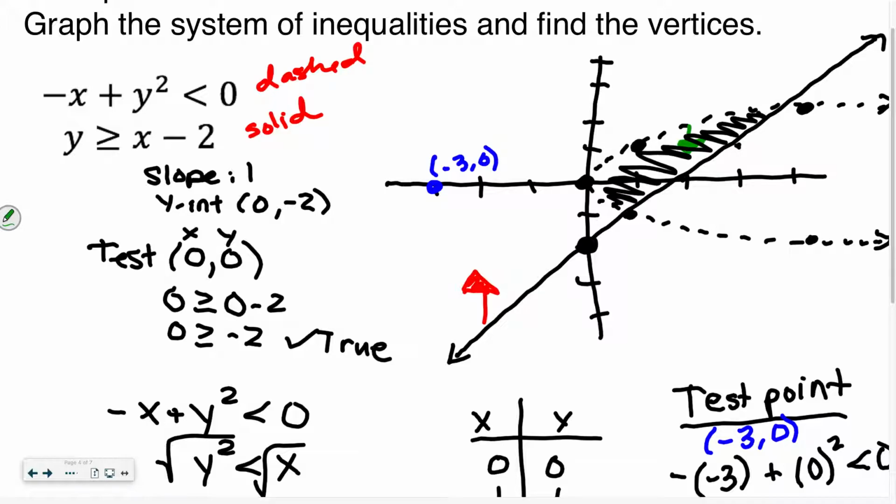Vertices are places where two curves, lines or curves, are intersecting each other around the shaded region. So here's my shaded region, and I'm looking for points of intersection. I have a point right here, so I'm going to call this V sub 1. And I have a point right here, this is V sub 2.